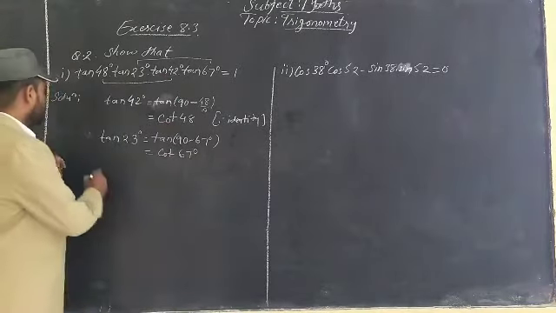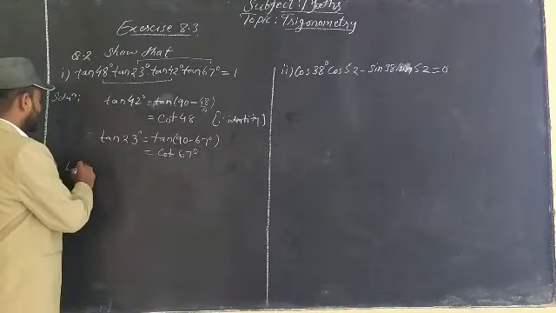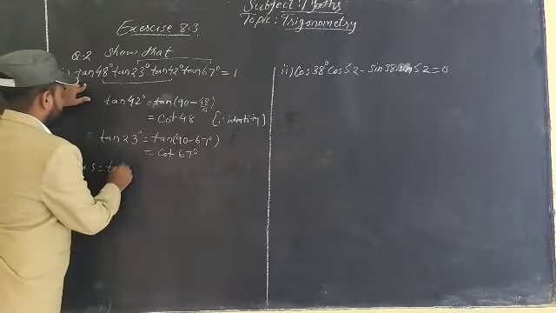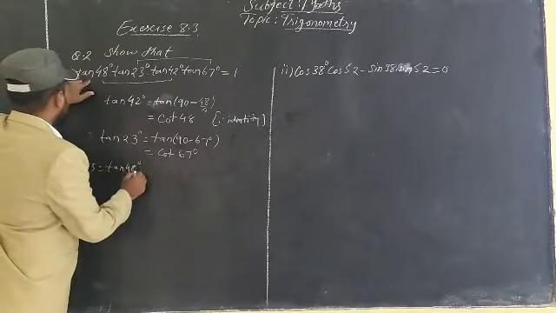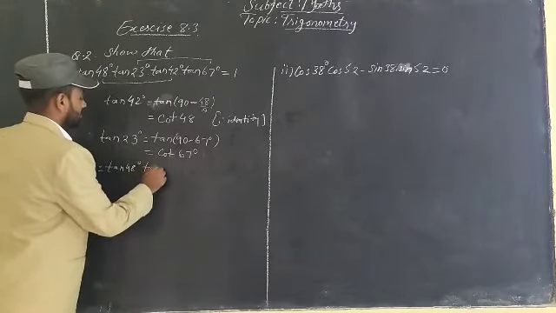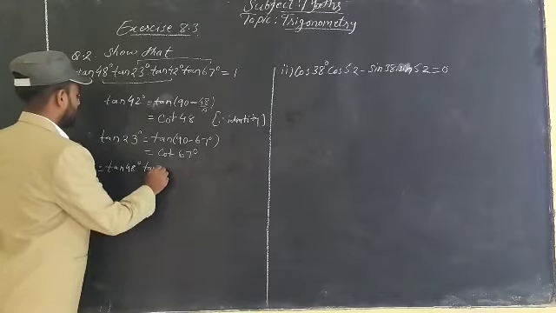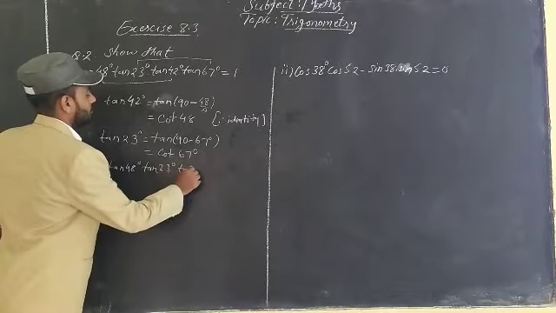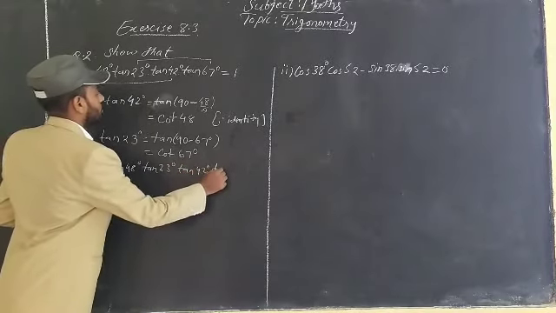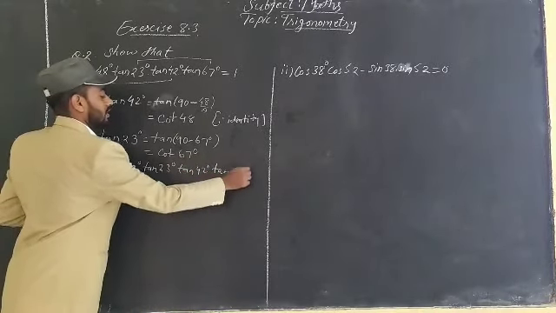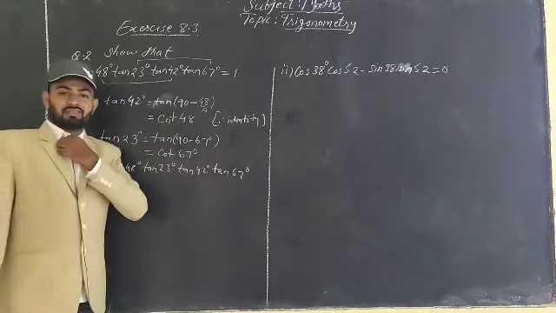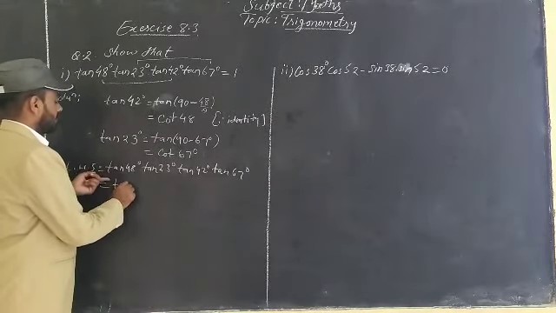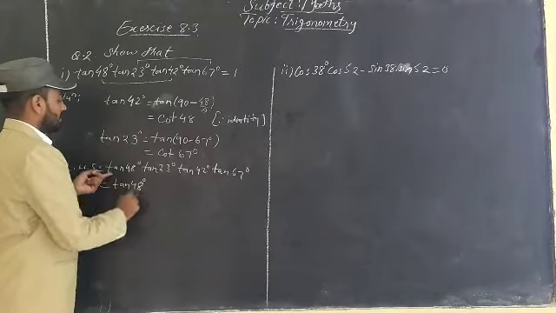Okay. So this left hand side is equal to tan 48 degree into tan 23 degree into tan 42 degree into tan 67 degree. This is my left hand side.